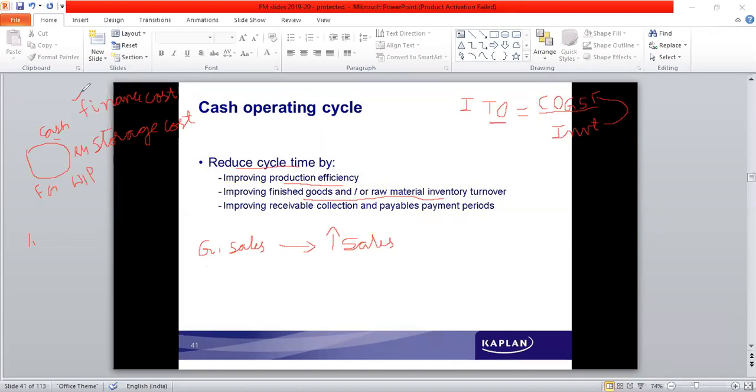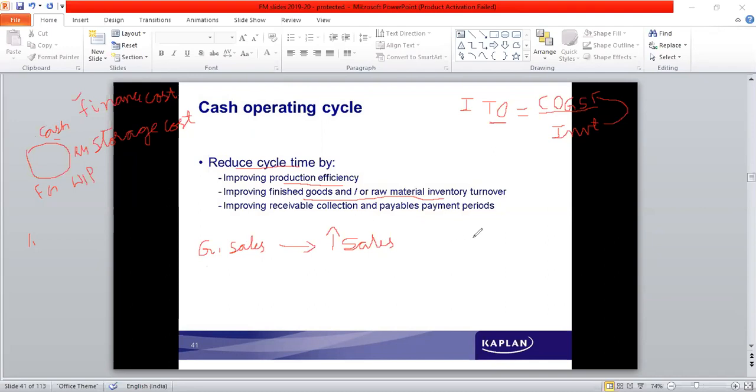If they are also bearing additional cost, there is no point in going for credit sales. So even if they make credit sales, they should think about collecting as early as possible.